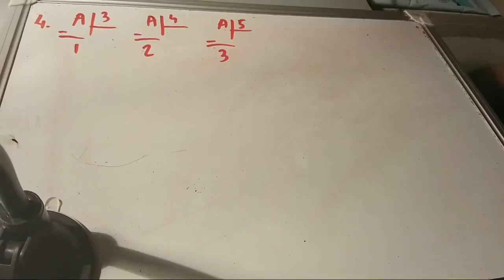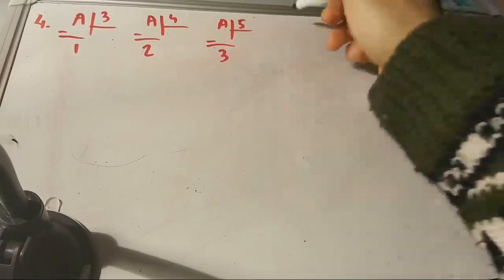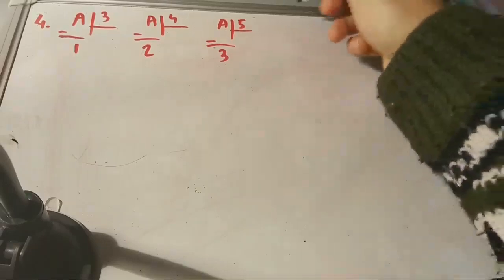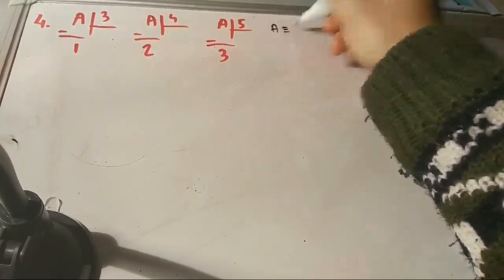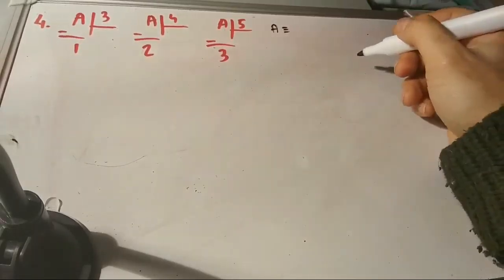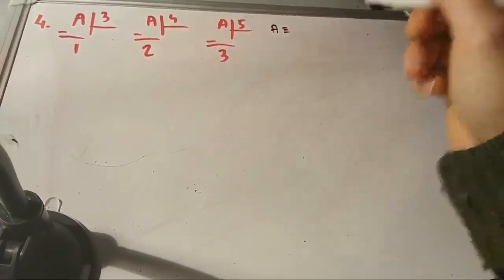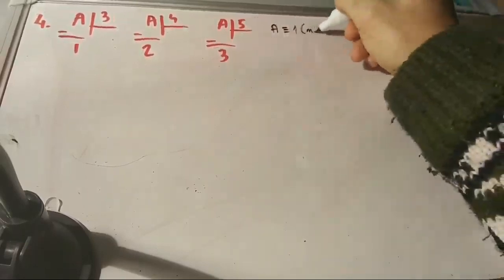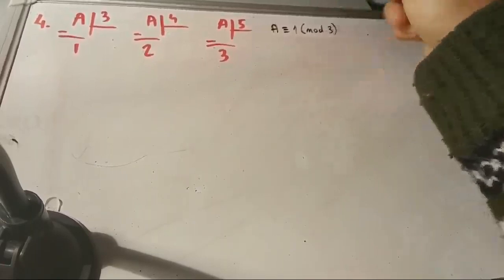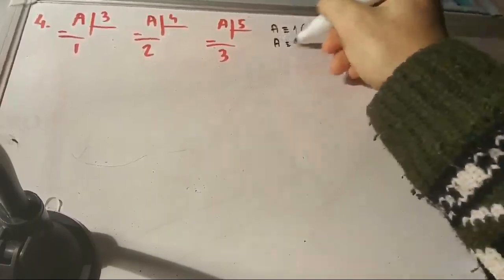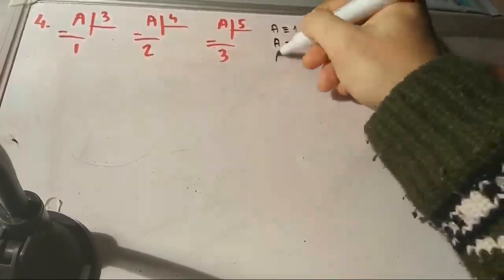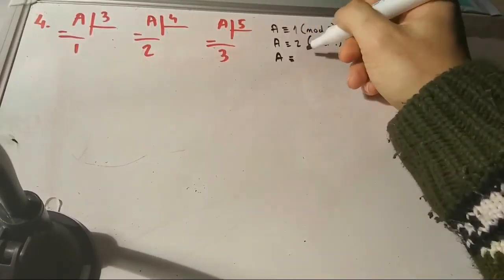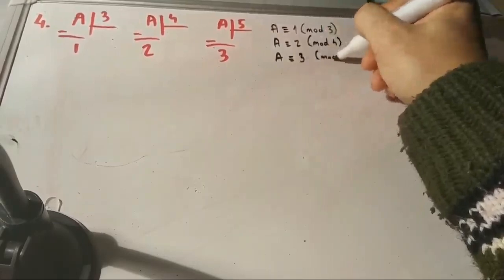A is congruent to 1 in mod 3. A is congruent to 2 in mod 4. And A is congruent to 3 in mod 5.